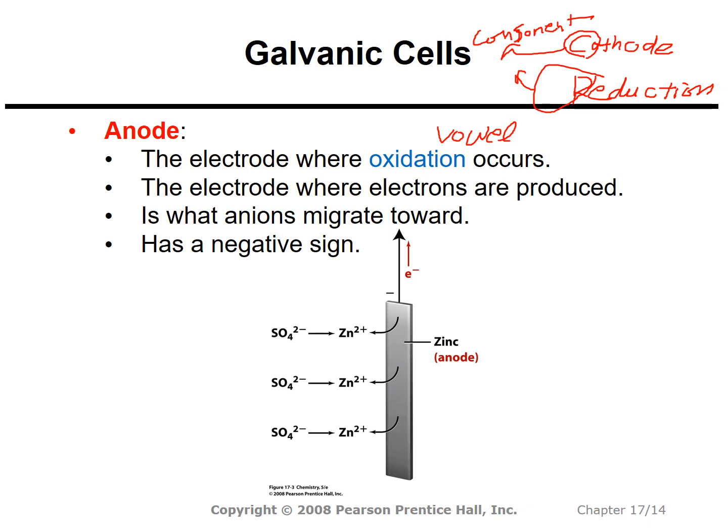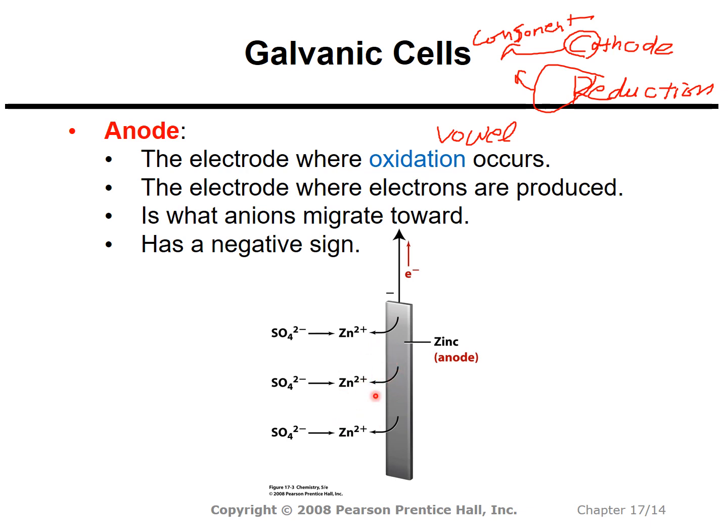Let's go back to the anode. Also, the anode is the electrode where electrons are produced. Here is the zinc metal, and zinc is oxidized into zinc 2+, so electrons are generated via oxidation. At the same time, anions approach the anode because we have extra positive charge here, since electrons are going out of the electrode and we are producing zinc 2+ into the electrolyte.